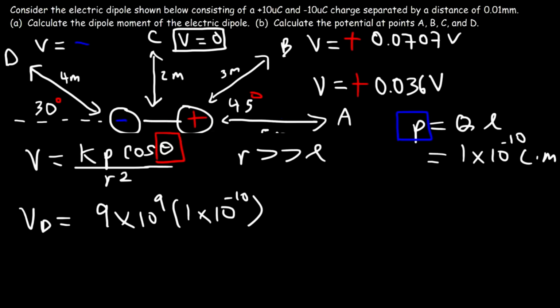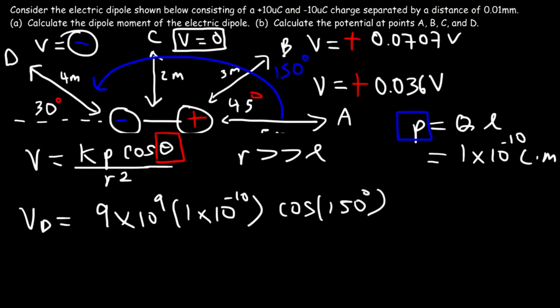And so the angle measured from the positive x-axis to this point is 180 minus 30, or basically 150 degrees. So that's the angle that we need to use, because cosine 150 is a negative value, and so we're going to get a negative potential, as we should expect on the left side.